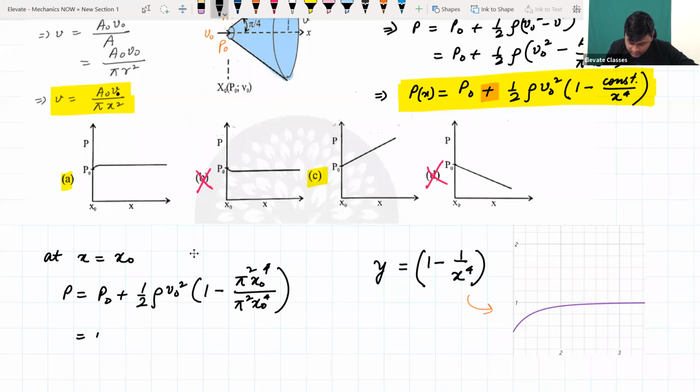So this will give us p naught plus half rho v naught square times 1 minus 1, which is equal to 0. So this is nothing but p naught, which is true for here and here.